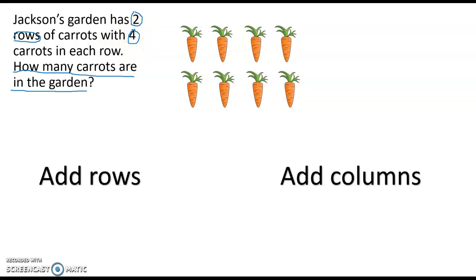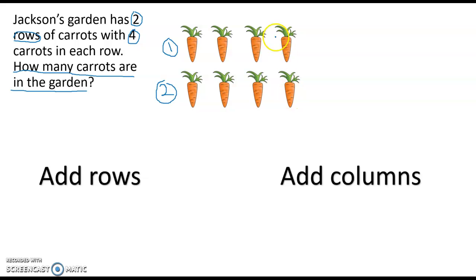So we can draw a picture of what that looks like. We've got 2 rows, row 1 and row 2. And we've got 1, 2, 3, 4. 1, 2, 3, 4. 4 carrots in each row.